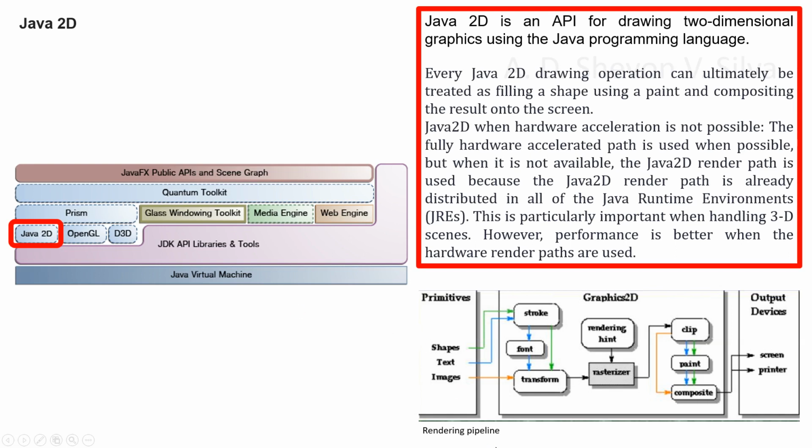Here you can see the rendering pipeline. You can see here primitives and here Graphics, 3D, 2D, and output devices. In Graphics 2D, the rendering process can be broken into 4 phases that are controlled by the Graphics 2D rendering attributes.